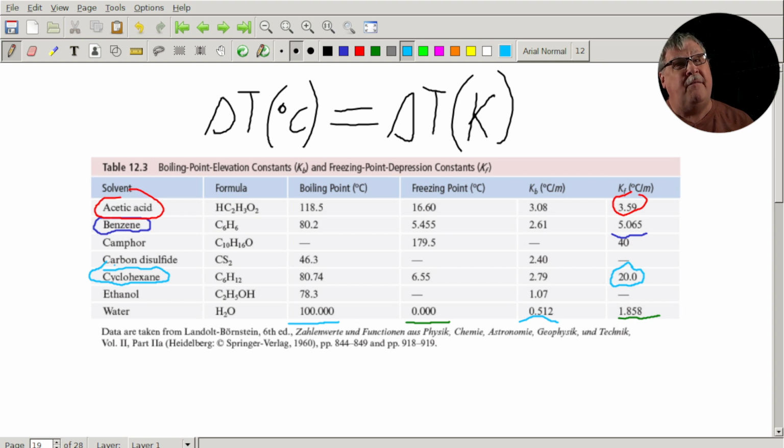So that's 13.45 degrees Celsius below zero. It's really pronounced. And so back in the bad old days, we used to use cyclohexane as a solvent because it has such a pronounced freezing point depression constant. There are others. Look at camphor. Camphor is 40 degrees Celsius per molal.